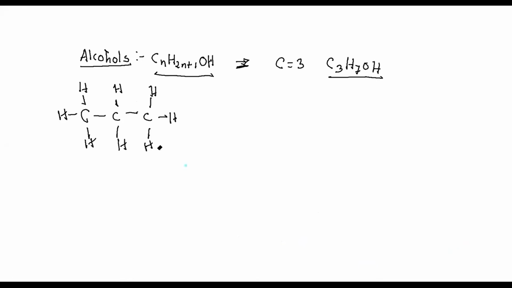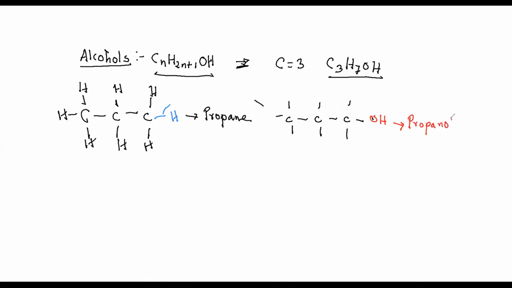This is a 3-carbon alkane, so we call this propane. So when one of these hydrogens is replaced with an OH, what is the name of this compound now? Propanol. Okay, very good.